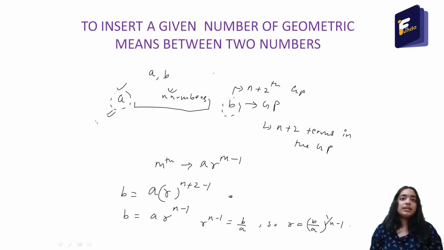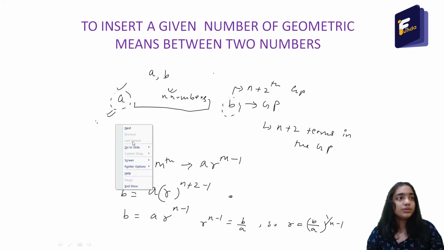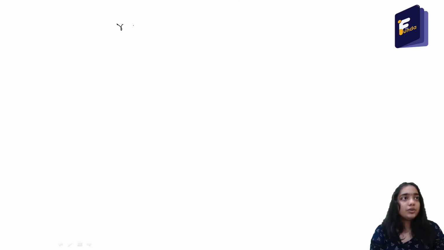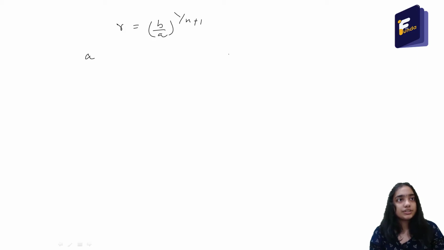So now we can easily find those numbers that we are asked to insert, the given number of geometric means. So what will be those numbers? As r equal to (b by a) whole to the power 1 by n plus 1, and a is the first term, b is the last term. The second term will be ar, obviously because they are in GP, so I will multiply by r.